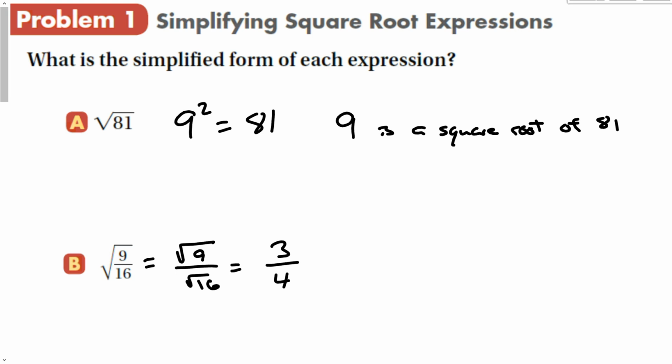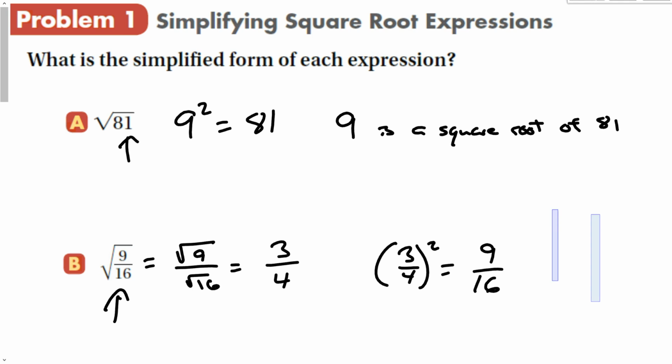So 3 over 4 squared would give us 9 over 16, so 3 over 4 is the square root of 9 over 16. The square root multiplied by itself is always equal to the radicand, the thing underneath the root symbol. And when we see the square root symbol, we're always going to take the positive square root.